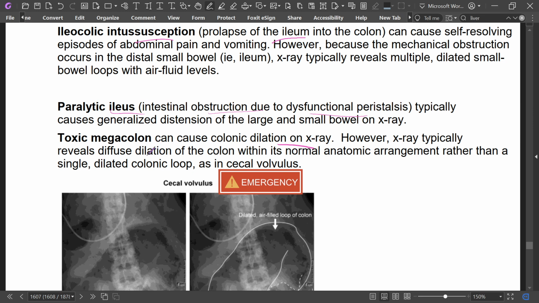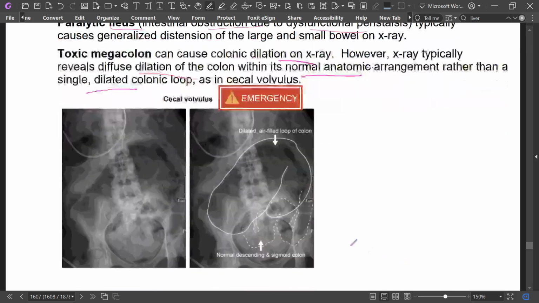However, there is diffuse dilatation of the colon in its normal anatomic arrangement, rather than a single dilated colonic loop as in cecal volvulus.